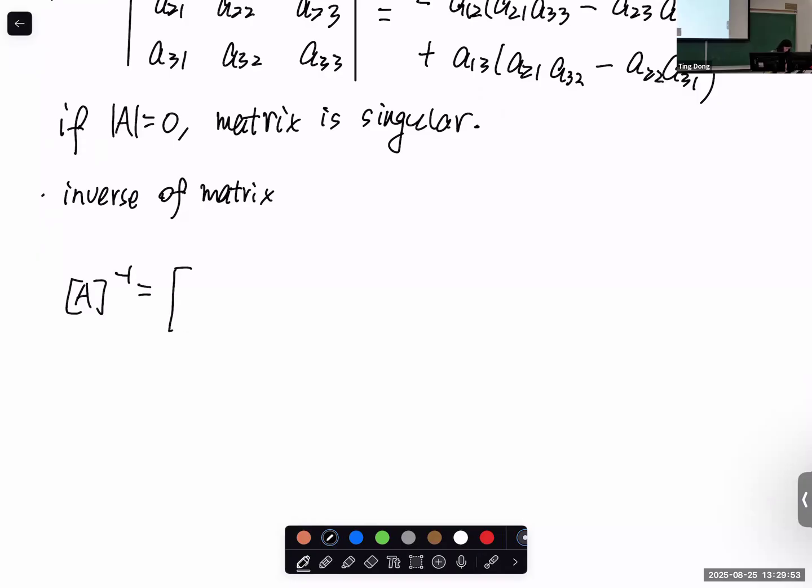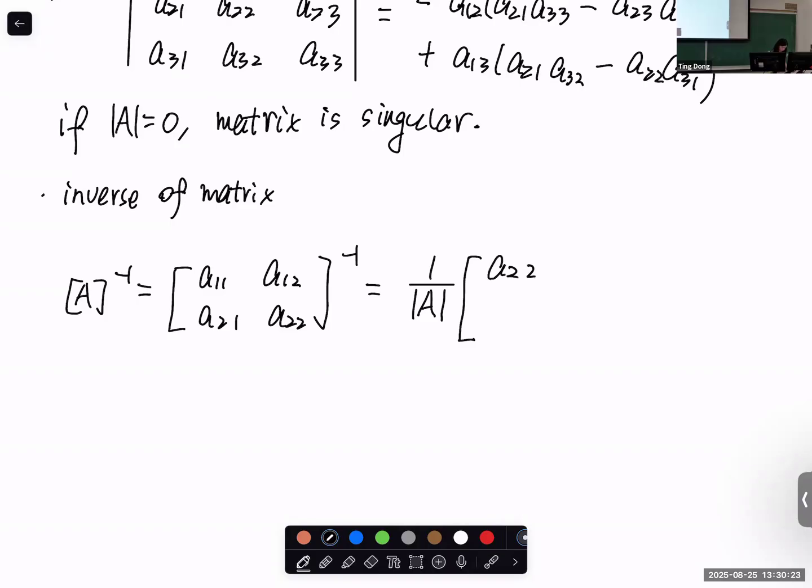Let's assume that we have a 2 by 2 matrix, A matrix, 1, 1, 1, 2, 2, 1, 2, 2. The inverse is equal to 1 over the determinant of the matrix. And of course, since it's 1 over the determinant, we know that the determinant cannot be 0. It cannot be a singular matrix to calculate the inverse. The determinant should be non-zero first.